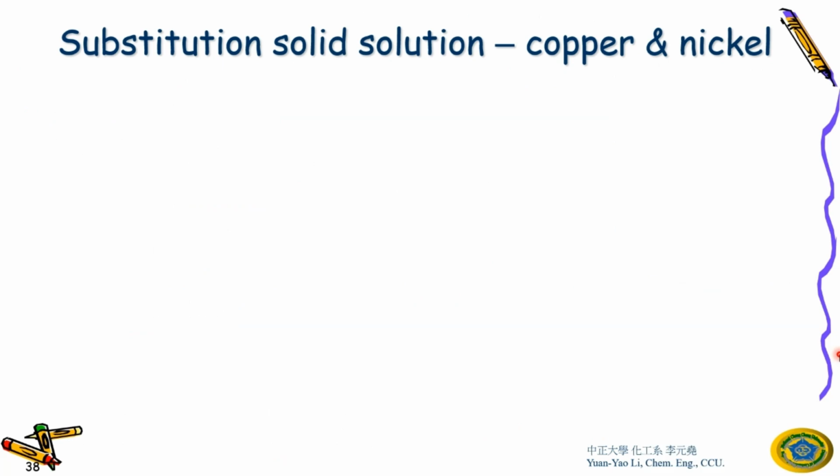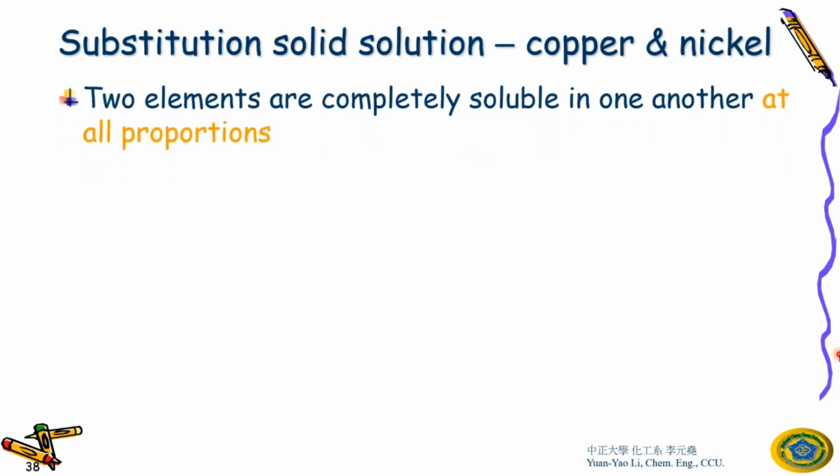Right, so this is one example of a substitutional solid solution: copper and nickel. The two elements are completely soluble in one another in all proportions. That means copper and nickel can be 50-50, 60-40, or 30-70. It can be put in all proportions, and this is what we call a solid solution. Especially for copper and nickel, the sizes are very similar, very close. So this is a substitutional solid solution.